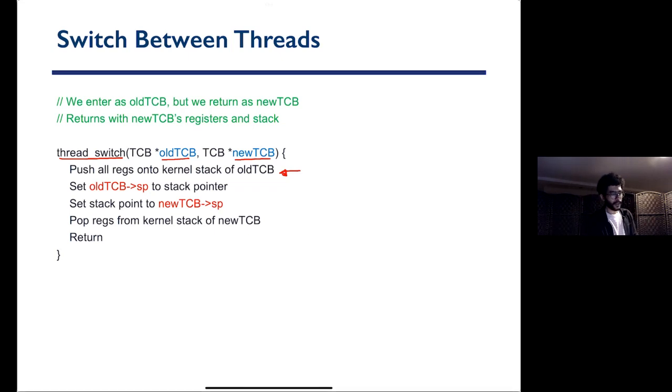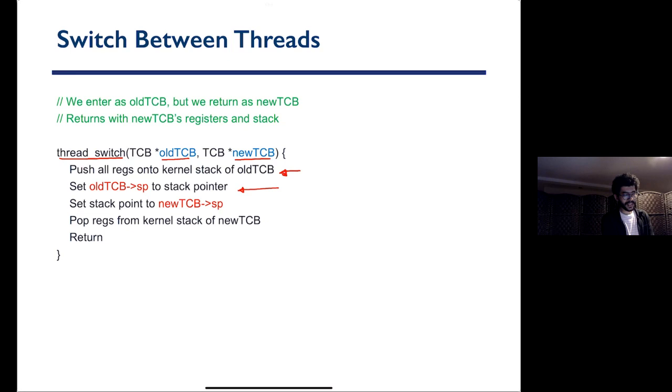The next step is to save the stack pointer, right? The stack pointer is a register. It's pointing to the old TCB's stack, to the top of that. I'm going to save this in my TCB. The TCB is the thread control block.